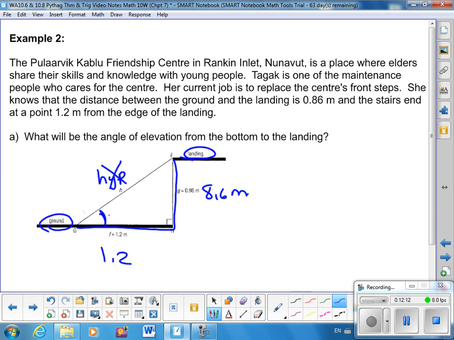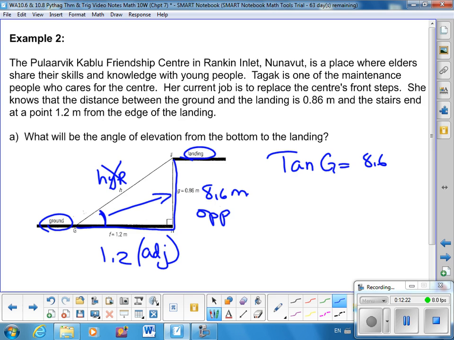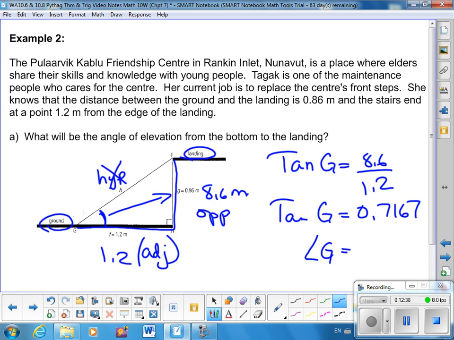So opposite is always straight across. Adjacent is touching the angle. So we are going to use the tan function. The tan of G is 8.6, which is opposite over adjacent, 1.2. Divide to get a decimal, 0.7167. Using your second function of tan, 0.7167, you get 36 degrees. So the angle of elevation is 36 degrees.